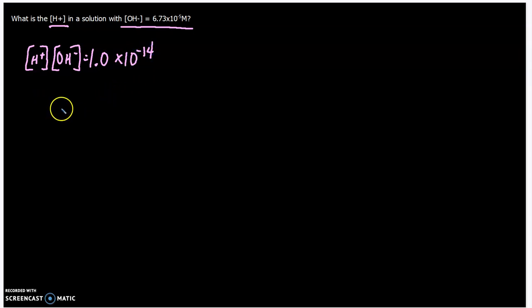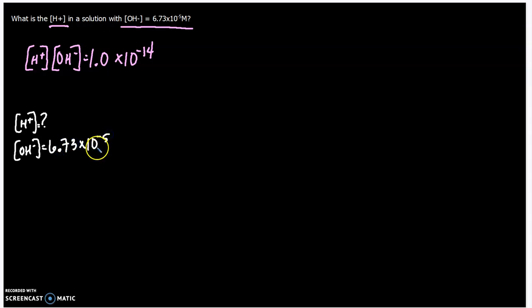Okay? So, since we now know this beautiful formula, I'm going to write down the variables that I know. H plus, we don't know. OH minus equals 6.73 times 10 to the negative 5.